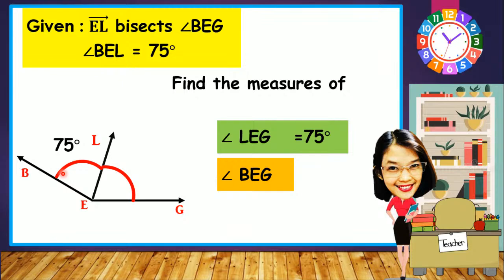Because they are divided into two equal parts from the word bisect. Then, if angle LEG is 75 degrees also, then what is the measure of angle BEG?